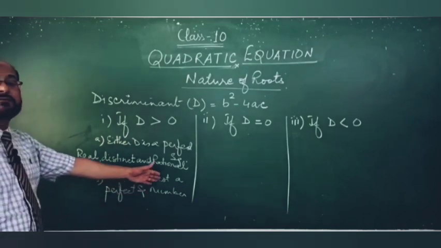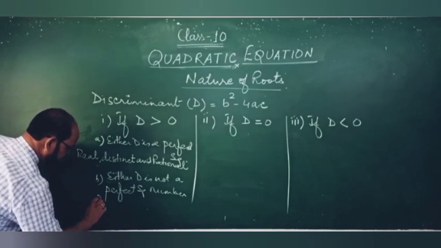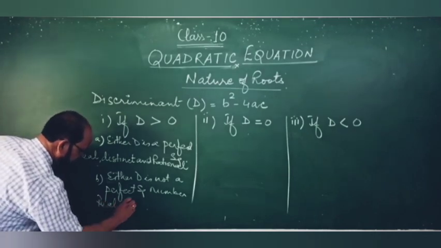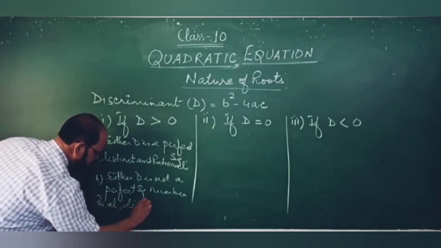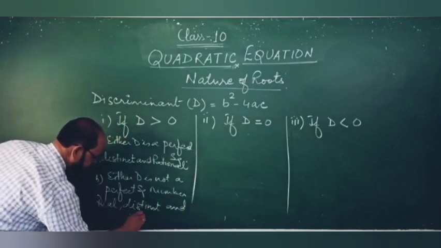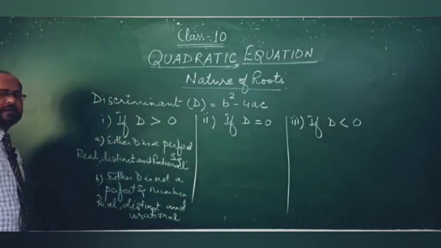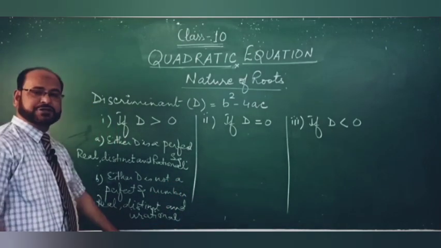And if the value of D is not a perfect square, then the nature will be real, distinct and irrational.